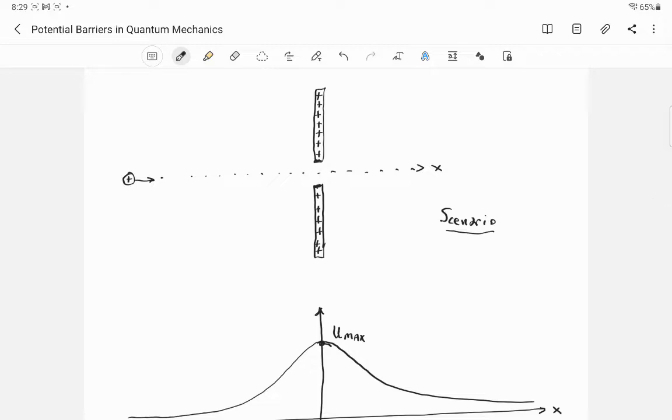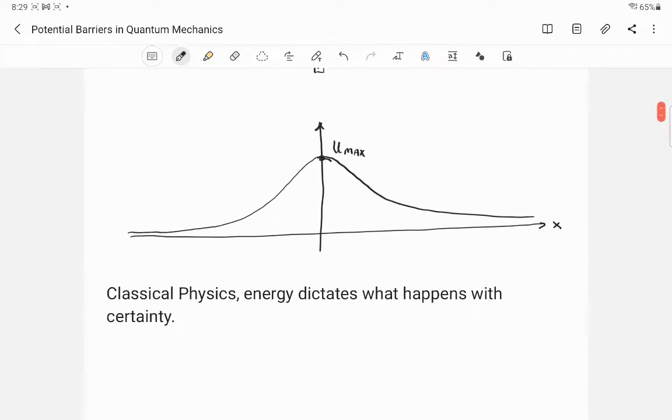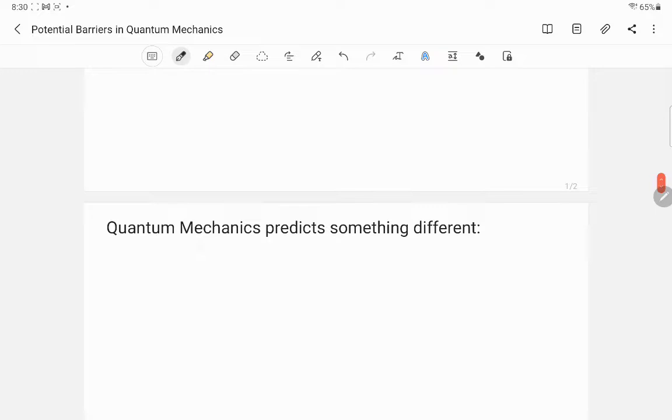Then I'm going to describe the difference between what classical physics predicts and what quantum mechanics predicts. And the point is, quantum mechanics predictions are really, really different. I'm going to tell you about the predictions in this video, and in subsequent videos, I'll describe why or how quantum mechanics makes those other predictions.